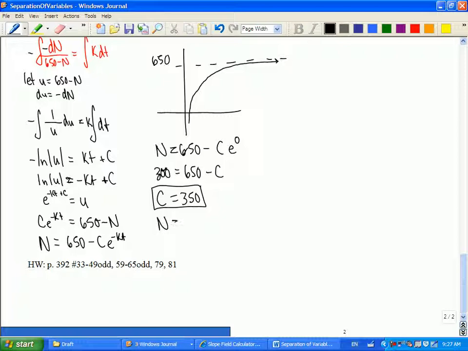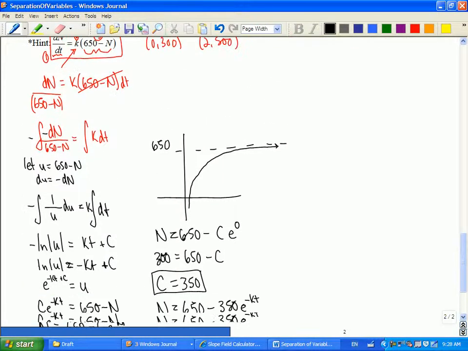So my model gets updated to be, I wish I knew how to write so this pen wouldn't. Now all we have to do is figure out what that growth constant is for k. And we have another point to do that. At 2 there are, what was it, 500?